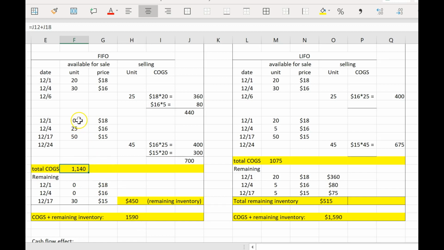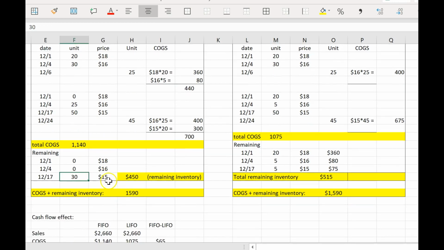We can see the first batch is completely gone. The second batch is also completely gone because we sold all of them in the second sale. The last one, we sold 20 units from the 50 units, right? So we have 30 units left, which each cost us $15. So the remaining inventory would be 450 because 30 multiplied by 15 is 450.